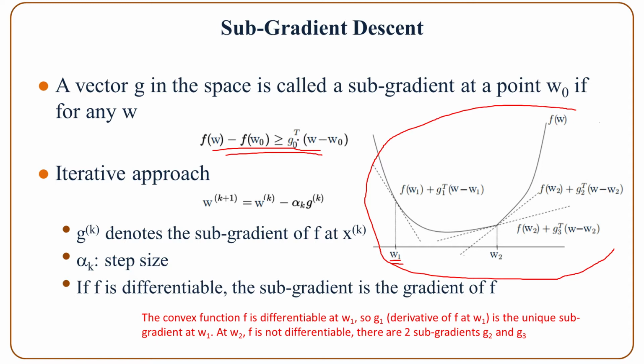So g1 here, which is the derivative of f at W1, is the unique subgradient at W1. But at W2, f is not differentiable, and there are two subgradients, g2 and g3.